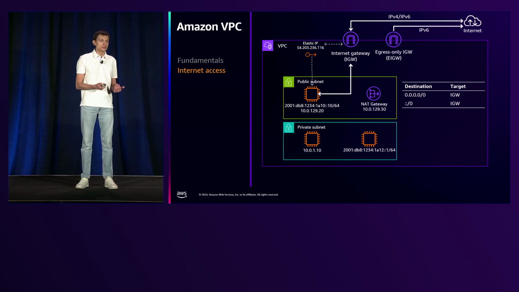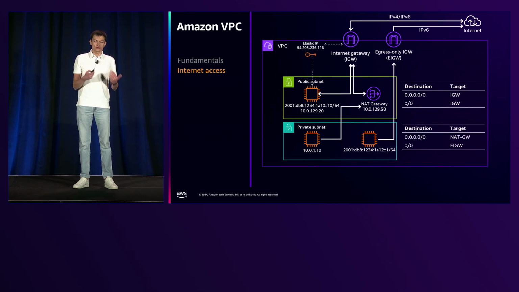For IPv6, we would create another construct called egress-only IGW. By setting up corresponding default routes for IPv4 and IPv6, we will achieve this private subnet functionality where we can initiate connection outbound, but connection inbound cannot be initiated to you from the internet.